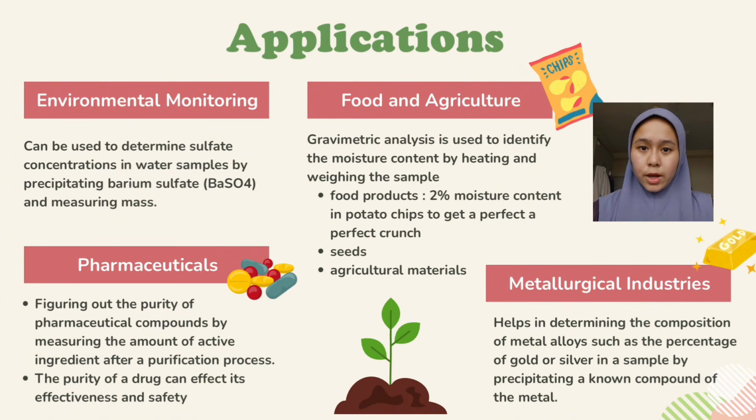In terms of food and agriculture, gravimetric analysis is used to identify the moisture content by heating and weighing the samples. For example, food products like potato chips contain less than 2% moisture content to get a perfect crunch, as well as seeds and other agricultural materials.